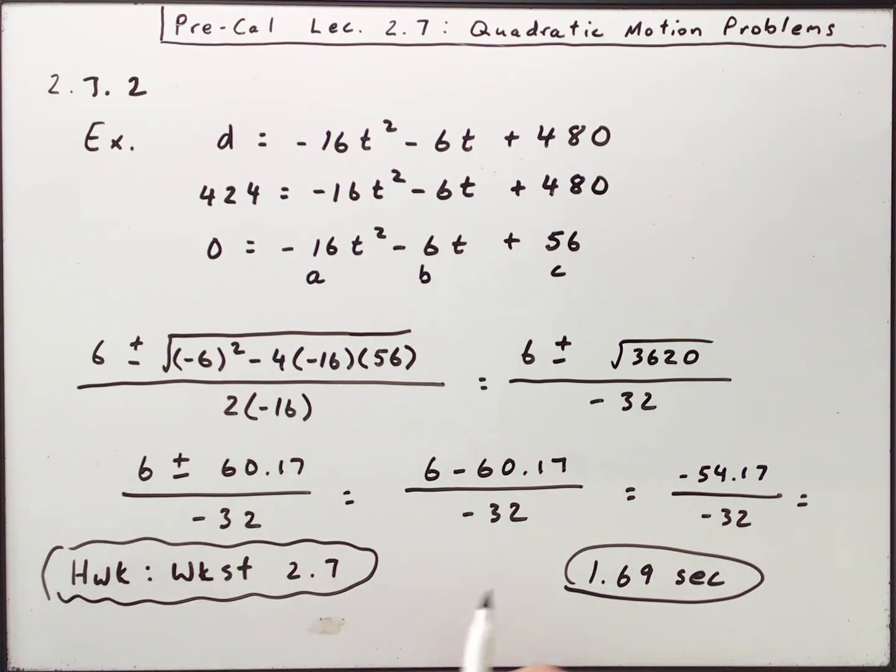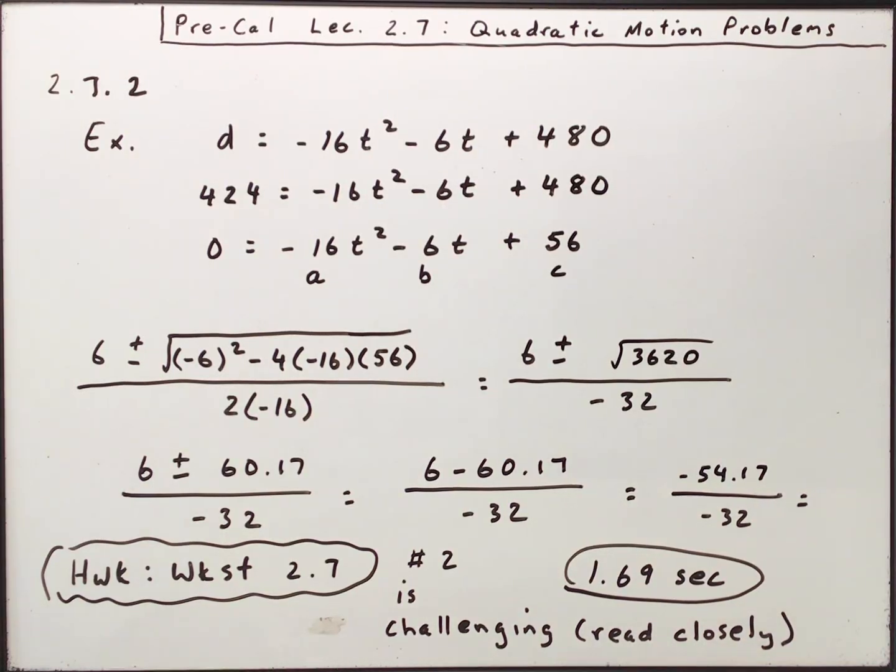I will say that number 2 is challenging. So I've had students have some trouble with number 2 because they don't read what the question is asking. So read closely.